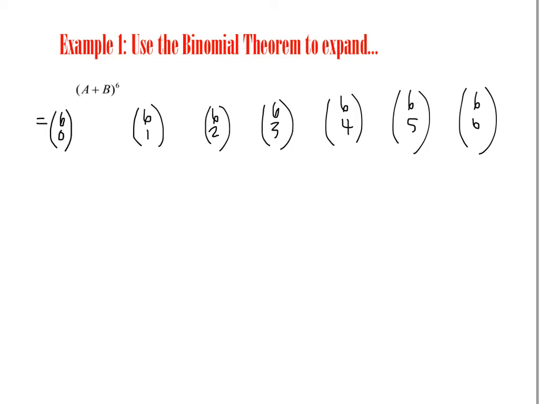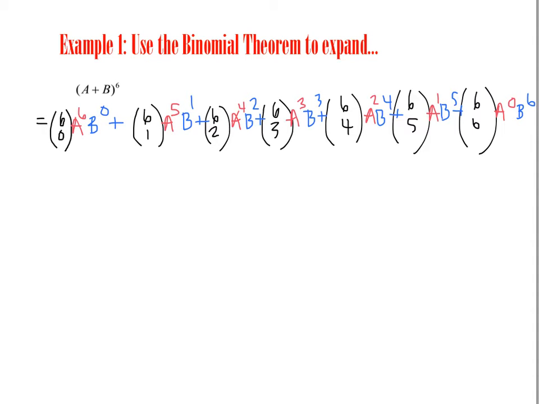And then the a's and b's continue in the same way we did before. A starts with the highest power, so a to the 6th, a to the 5th, a to the 4th, cubed, squared, first power, and 0. And b's count up, starting with b to the 0, b to the 1st, b squared, etc. So now just using our calculator, we can determine what each of these coefficients are.